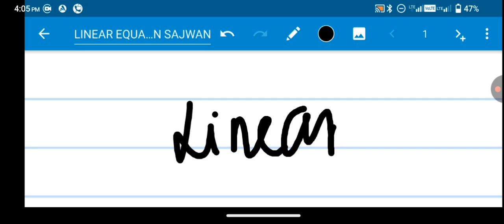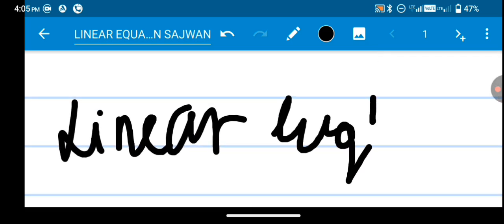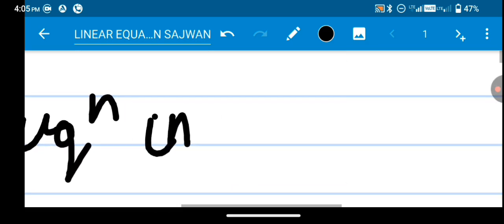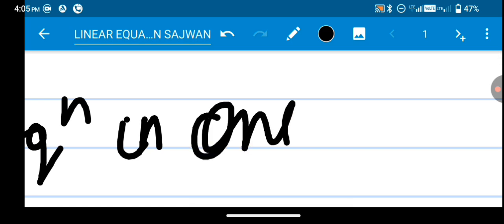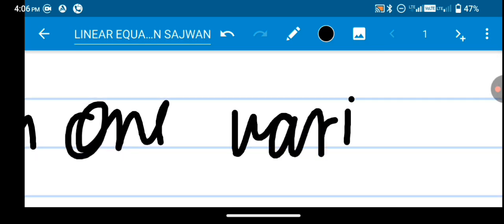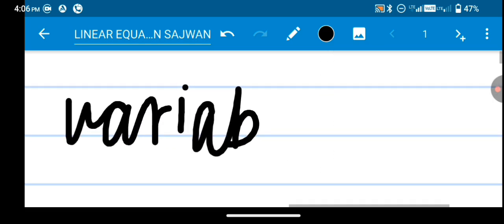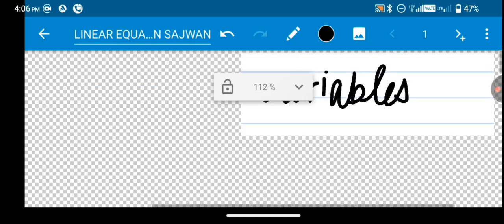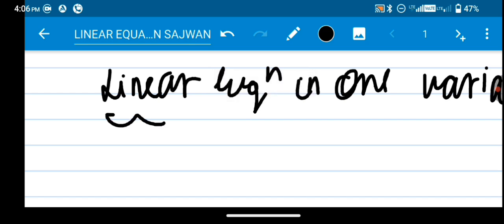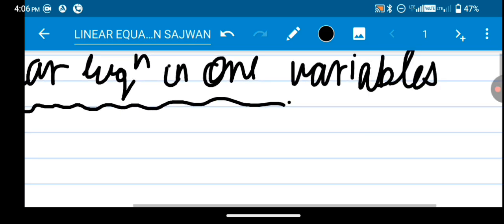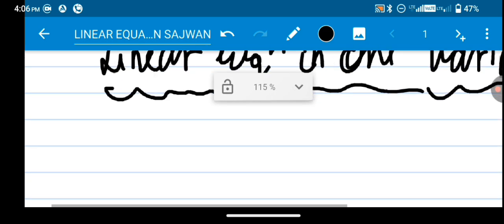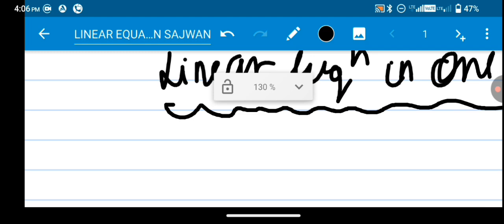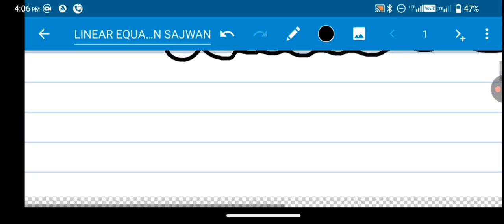Linear equation in one variable. One of the most important chapters of class 8. Let's understand it in the simplest way with examples. Ready? Let's go.